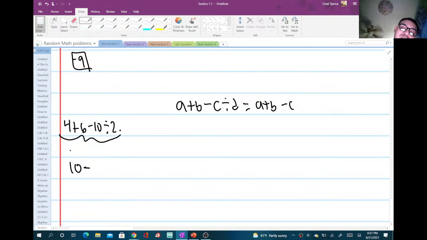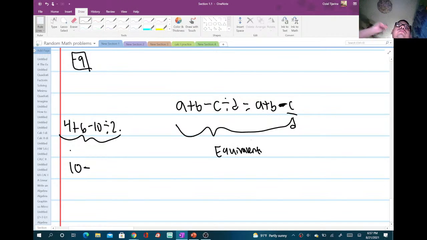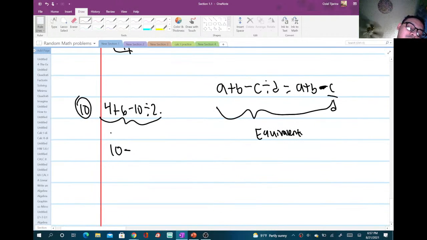It's just in a different notation, but this is equivalent. So we have 10, and then minus 10 divided by 2, that's 5. So then 10 minus 5 is just 5.